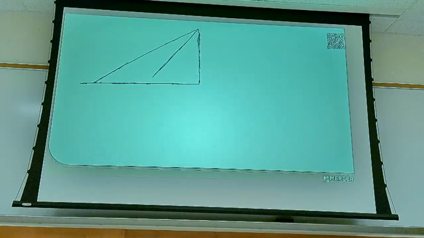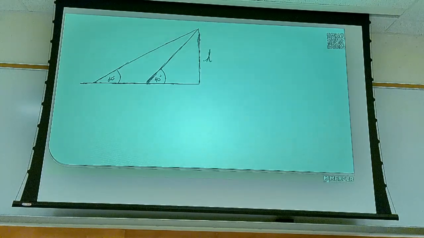That's 20. That's 40. We want to find the height of the tree, right?